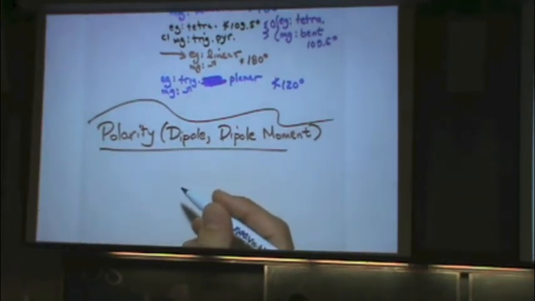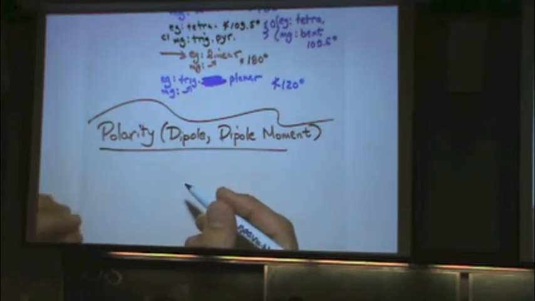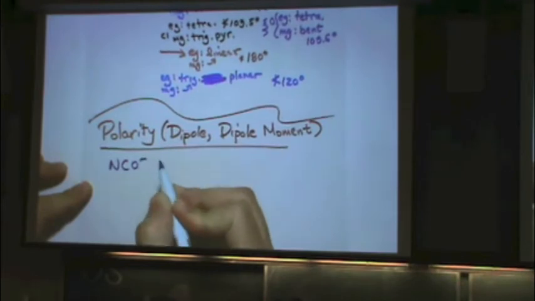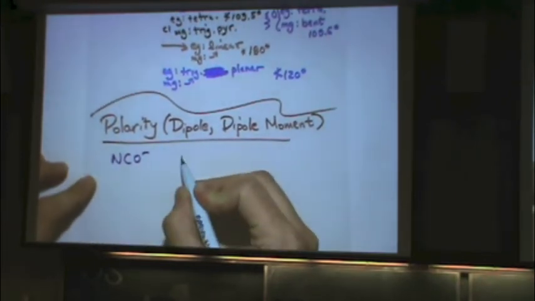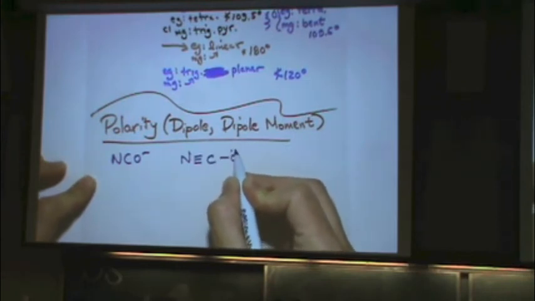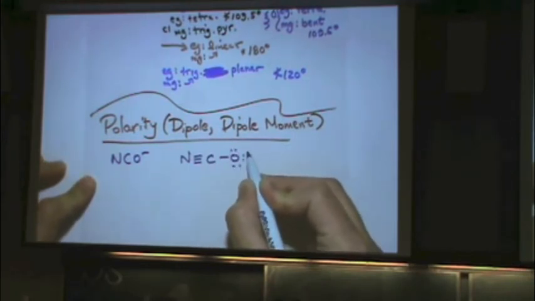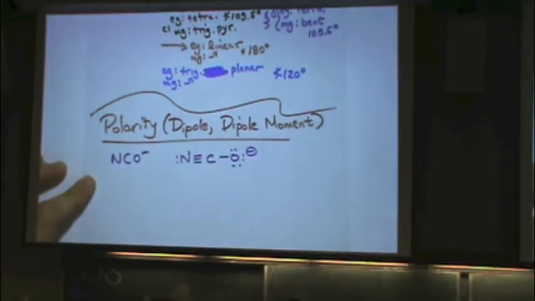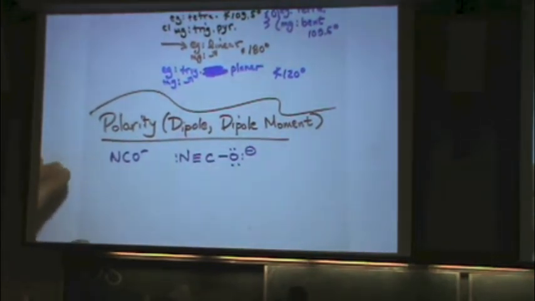So let's say we had one of the ones we were just looking at, OCN minus, and I had a Lewis structure drawn to look like this. We just did this in the practice example. So instead of using the bond dipoles and the net dipole, an easy way to do it is with symmetry. And how symmetry works, I'll write it here on the side.